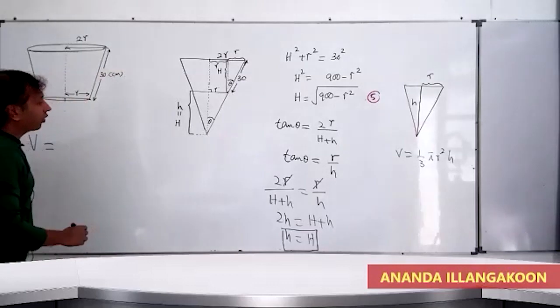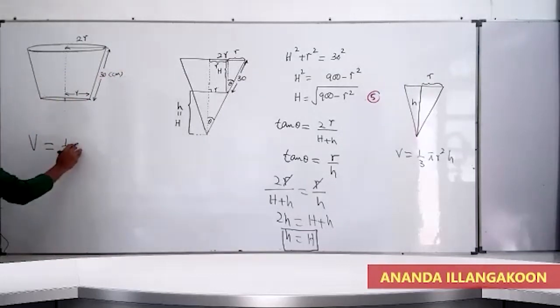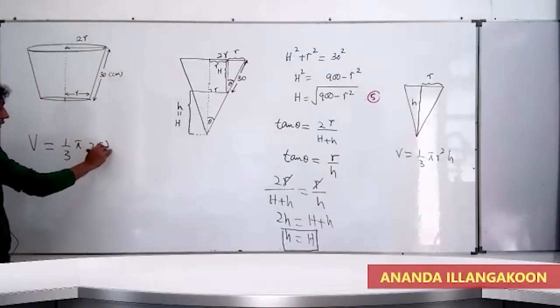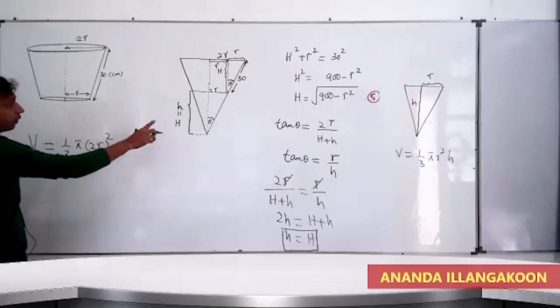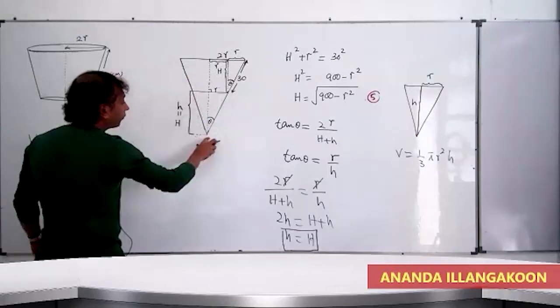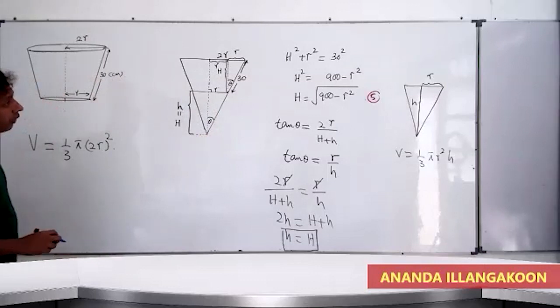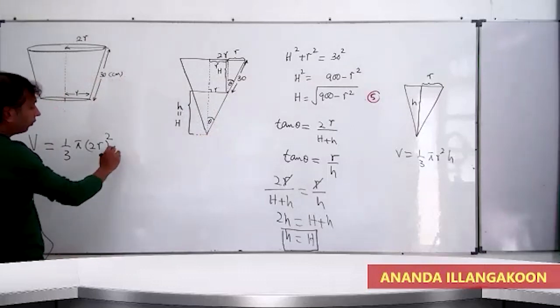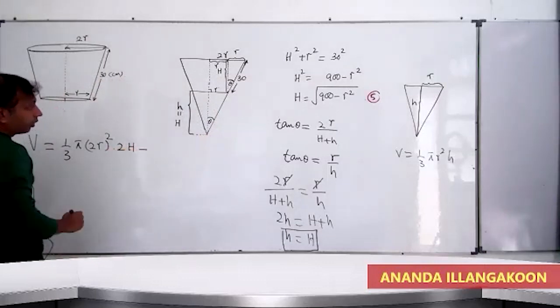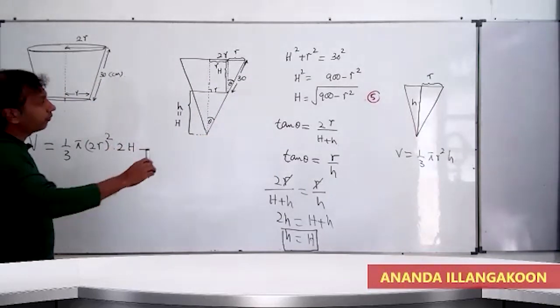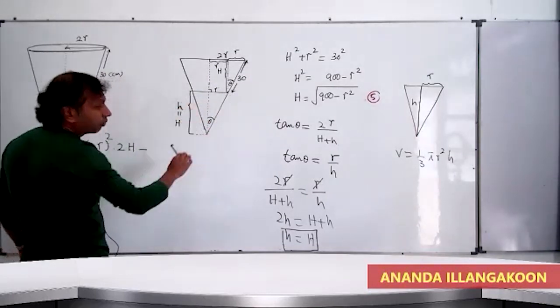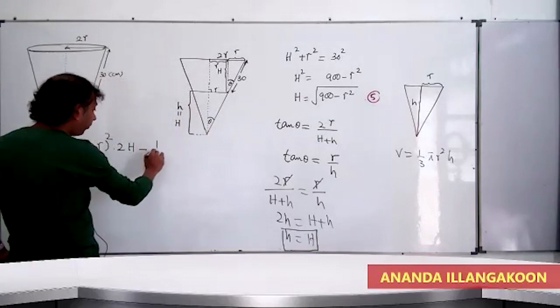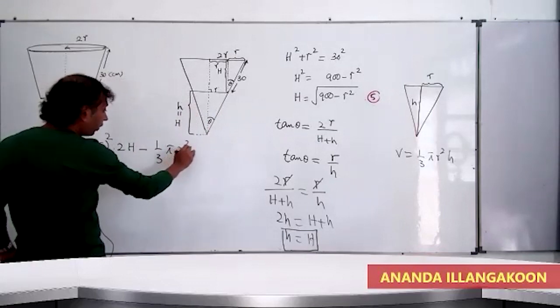From the bigger one, we have 1/3 pi. 2r is the radius. Now this height, people, it is H plus H, that means 2H, 2 capital H. Right. From that, we have to subtract the volume of the smaller cone. 1/3 pi r squared capital H.